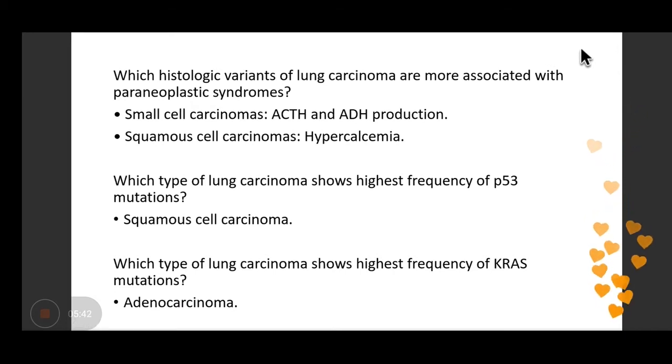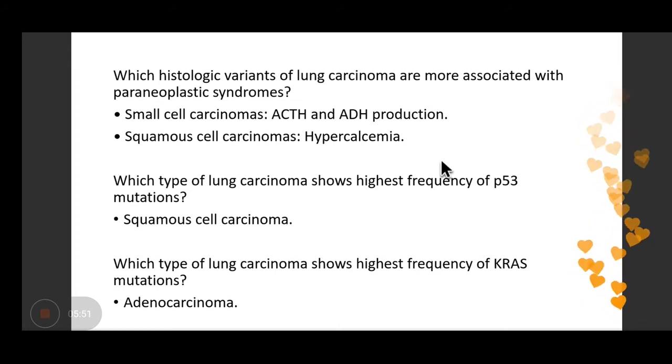Now, as I told you before, with your specific mutations, the type of lung carcinoma could be asked. So P53 is associated with squamous cell carcinomas and KRAS is with adenocarcinoma. Okay. So for these paraneoplastic syndromes, there is a table given in your neoplasia chapter, which very nicely describes the paraneoplastic syndromes associated with lung tumors.